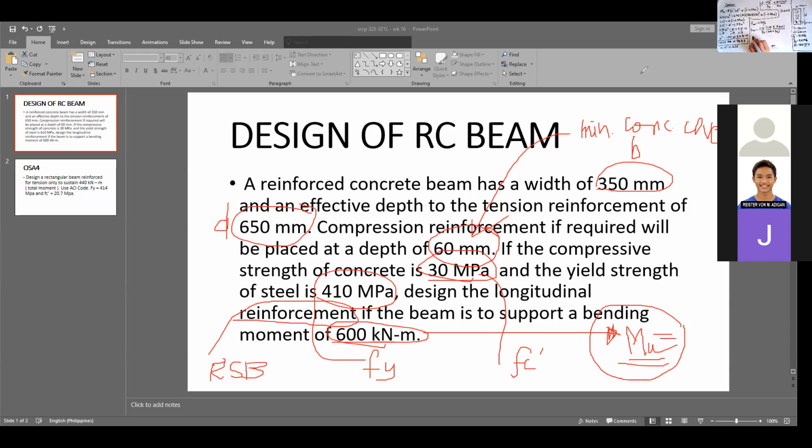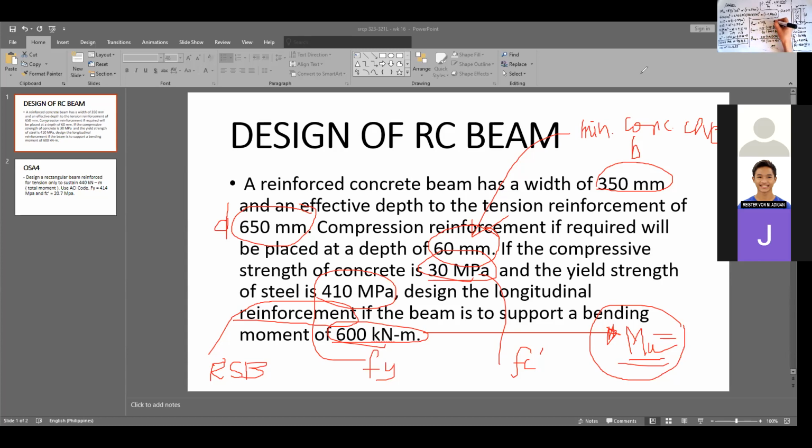So we have the maximum steel concrete ratio is 0.75 times 0.85. Fc prime is 30. 0.85 for the value of beta. And the value for 600 is constant. Fy is 410. 600 plus Fy is 410.